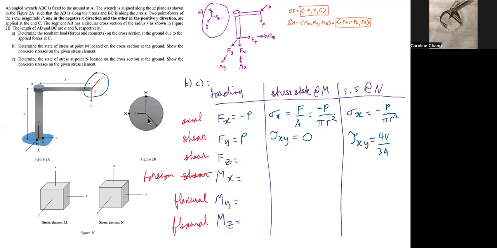Wait, not in that direction because it's along Y. So actually in this direction. So that is going to be our shear force. Our shear force is going to be equal to 4P over 3 times pi r squared.